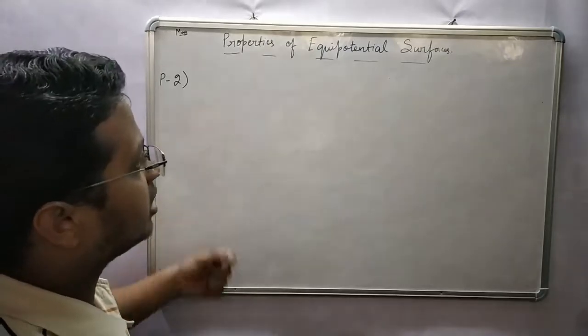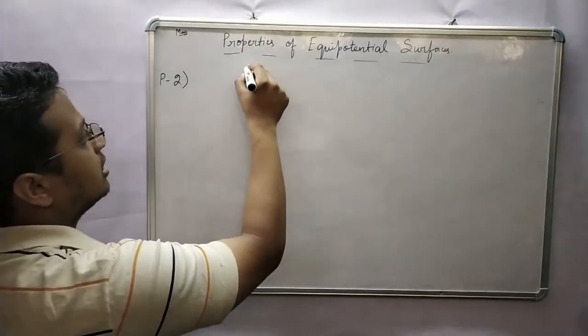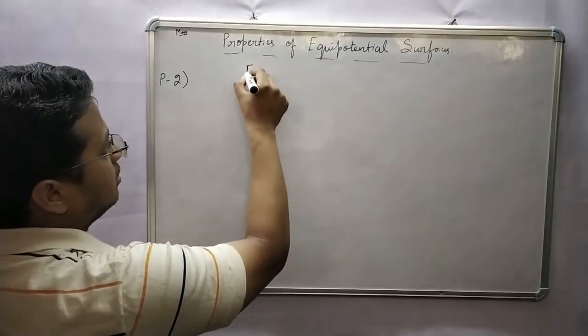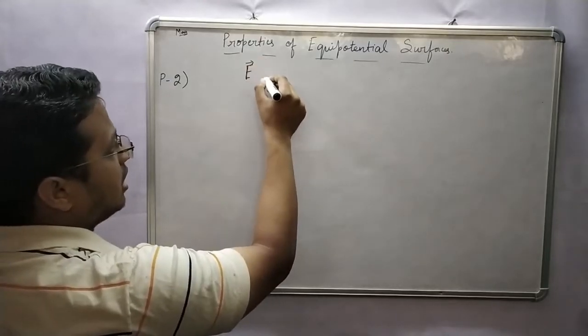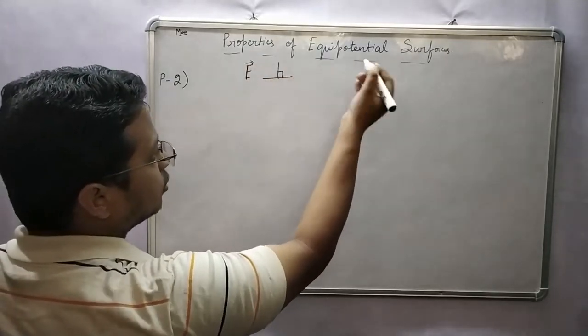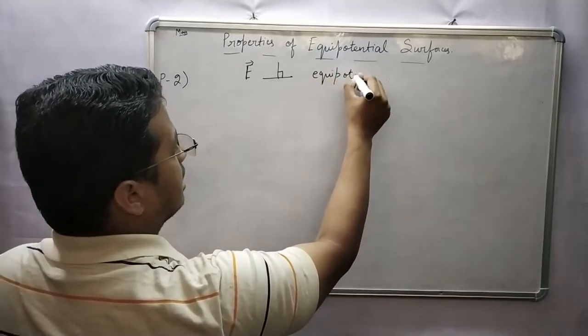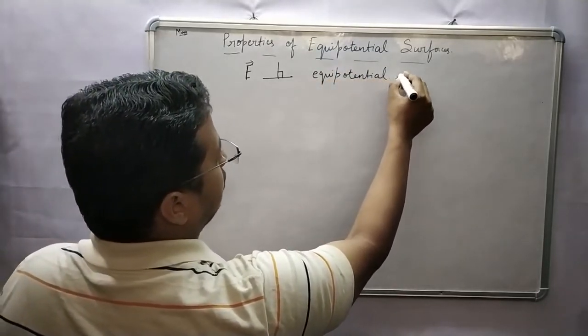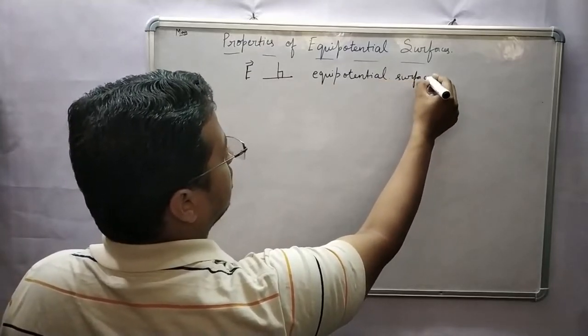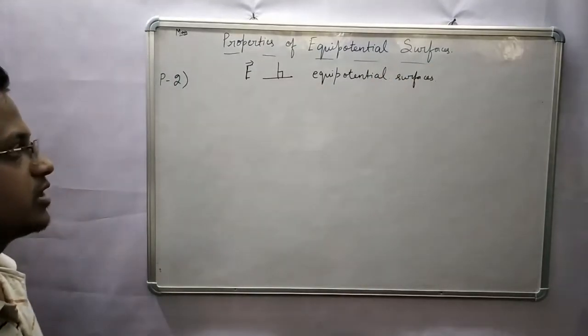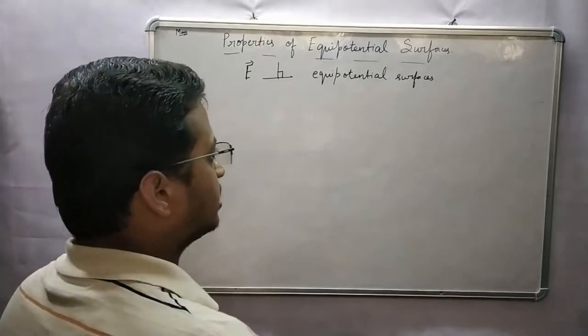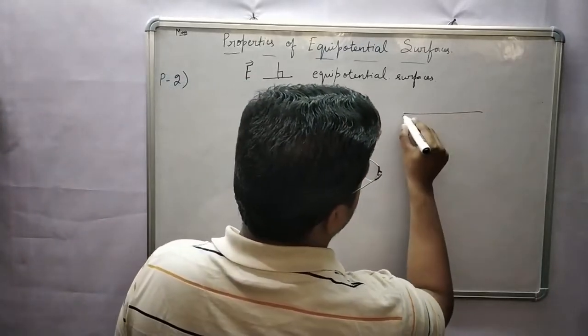Okay. Next, coming to the second property, it says that the electric field lines are always perpendicular to the equipotential surfaces. In order to understand this, we have to consider some cases.